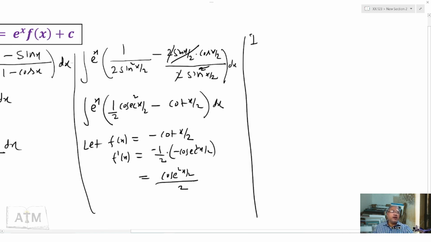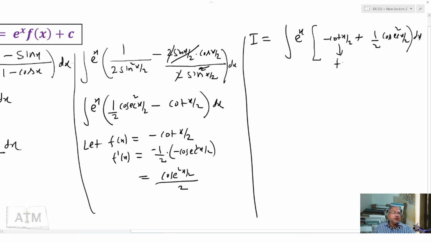Therefore I, I means the result of integration, I equals to e raised to x, and here is nothing but minus cot x by 2 plus 1 by 2 cosec square x by 2 with respect to x.